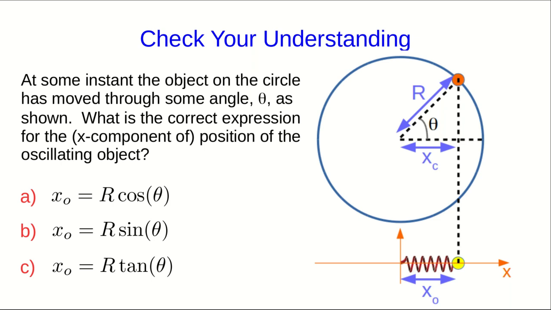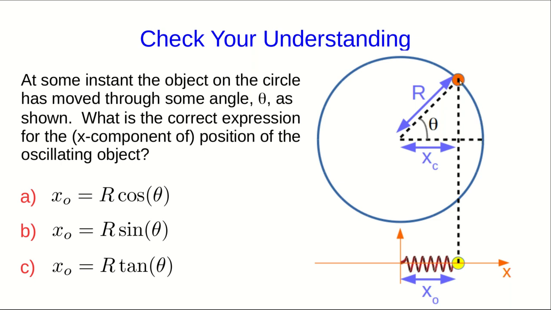I want to make sure you're following the argument. So I'm going to get you to do the next little bit of the reasoning. What we want to do is connect X_O, the x component of the position of the oscillator, with r and theta, which we can use to describe the position of the object on the circle. So here's just a picture like what we were just looking at, and these two objects are staying lined up as they move, and the object on the circle has gone around some angle theta.